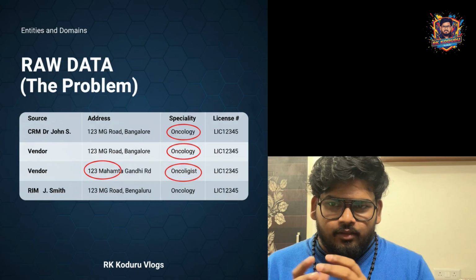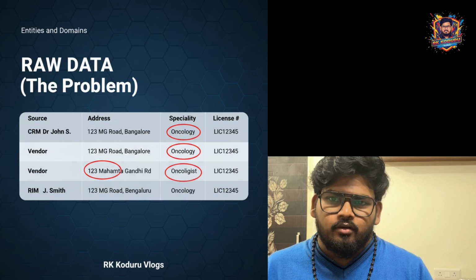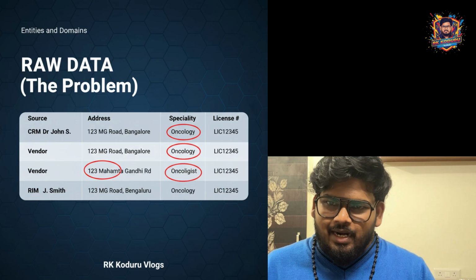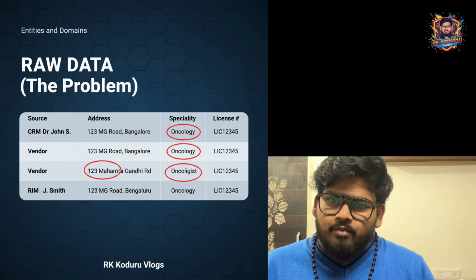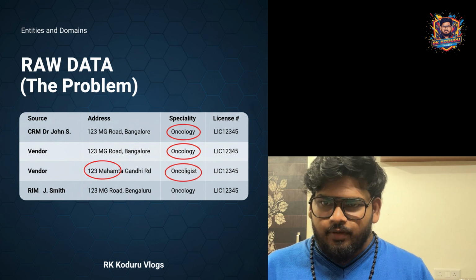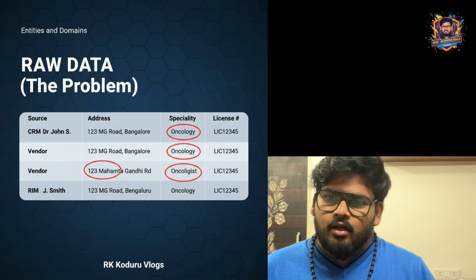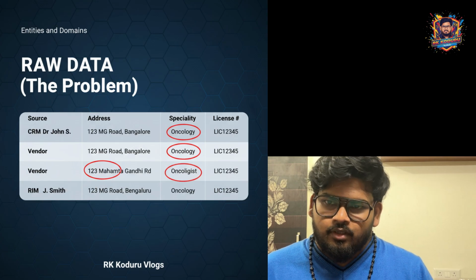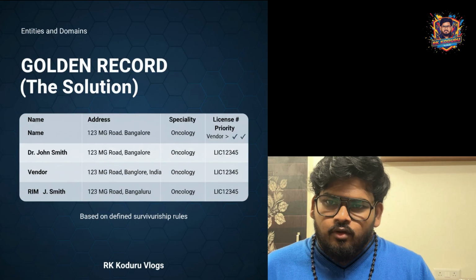Example, an HCP golden record. Let's make this 100% clear. Here is raw data from 3 different systems. It's a mess. The names, addresses and specialties are all different. Now we apply our 5-step process, and this is the result.